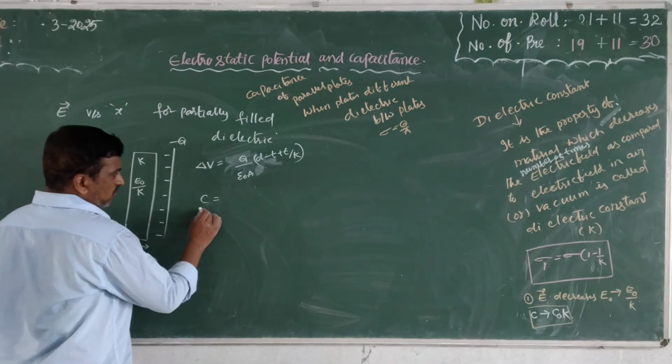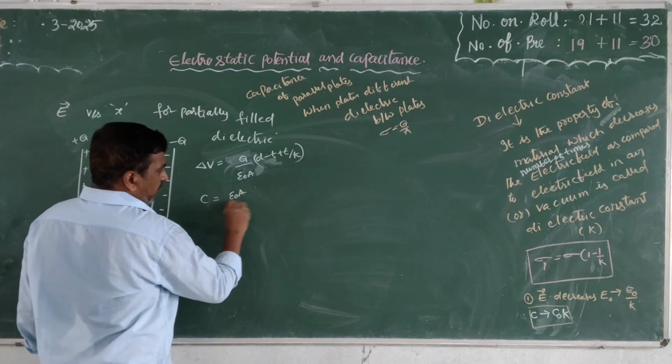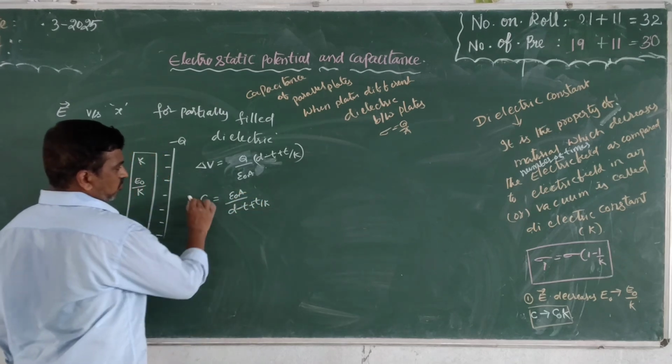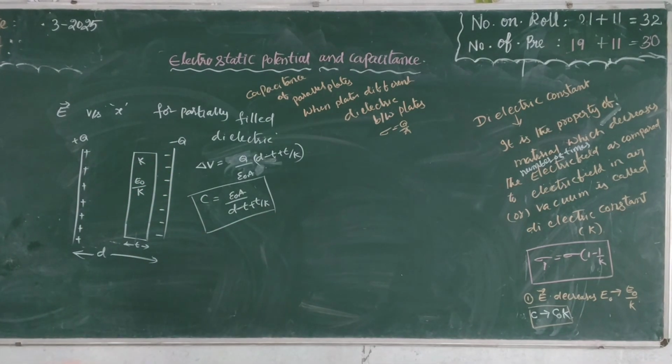Capacitance equals epsilon naught A by D minus T plus T by K. It is the capacitance with a partially filled dielectric between the plates.